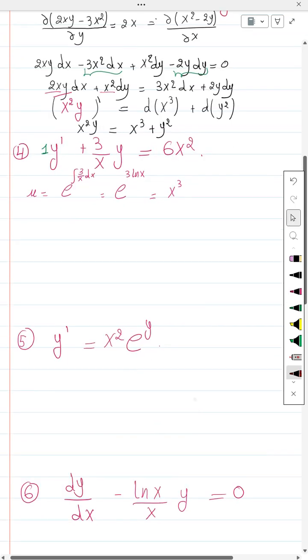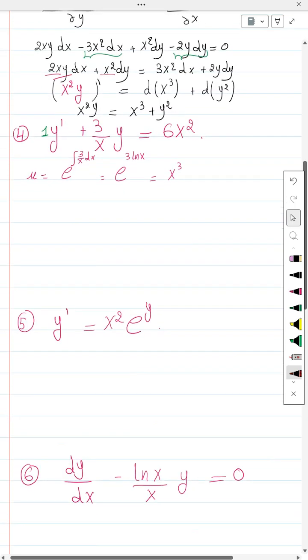By multiplying by x to the power of 3, we obtain x to the power of 3 y prime plus 3x squared y equals 6x to the power of 5.